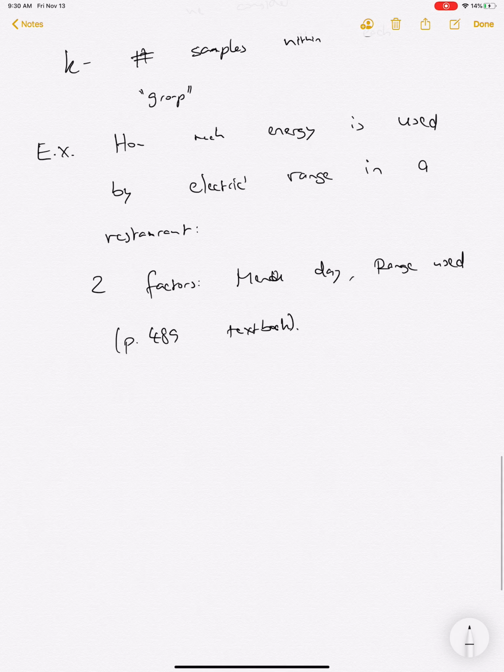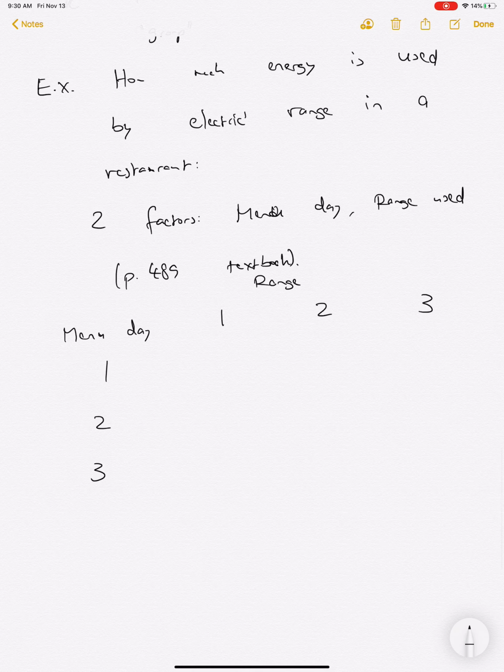And I'll just write that down. So we have the menu day, and then the range. So we have 3 different ranges, and then 3 different menu days, and then the different values according to the y's there.